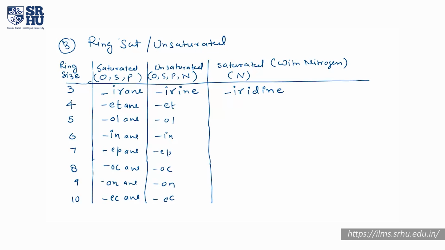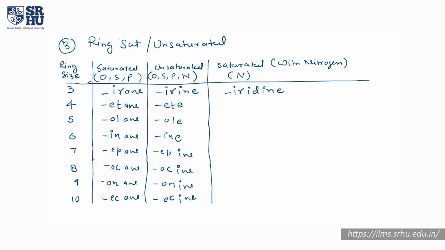But for a 4-membered ring, if it is unsaturated, you have to apply ete. For 4, 5 or 6-membered rings, you have to use the letter e at the end. And for the rest, 7, 8, 9, 10, you again have to use ine. So this is somewhat different, and you must remember what conditions are applied.